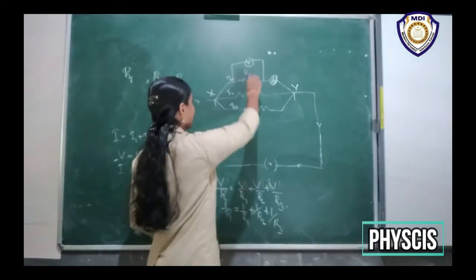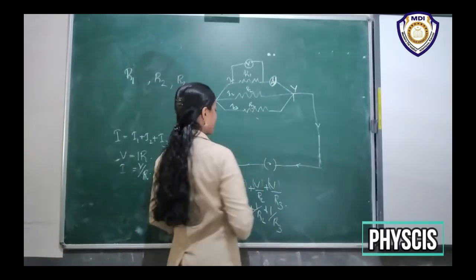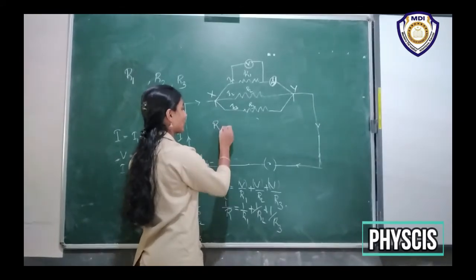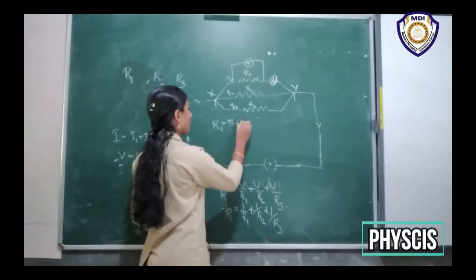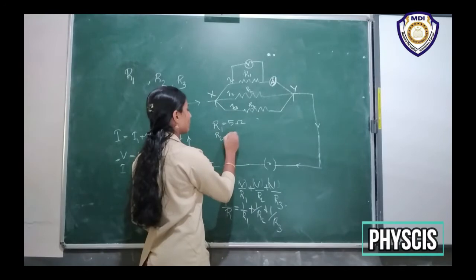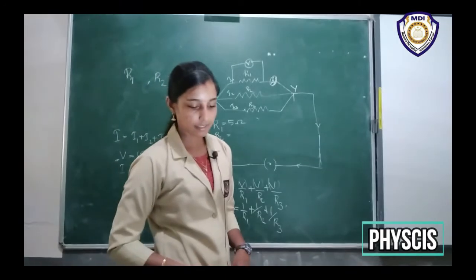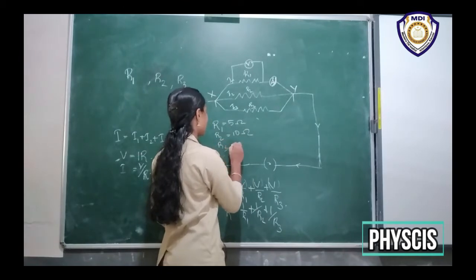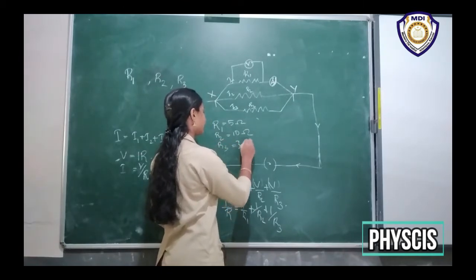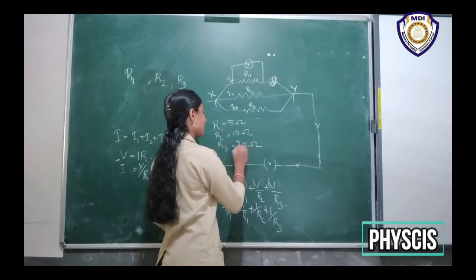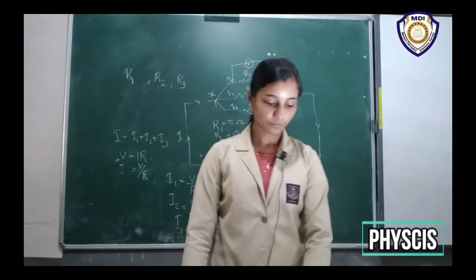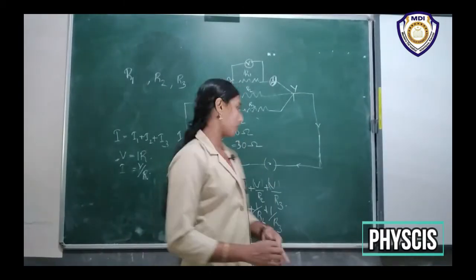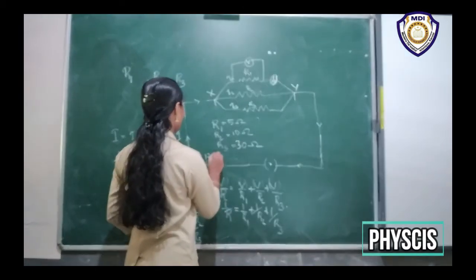I can write inside this circuit, R1 is equal to 5 ohm, and R2 is equal to how much resistance? 10 ohm, and R3 is equal to 30 ohm. Okay, which are connected to a battery of 12 volt.